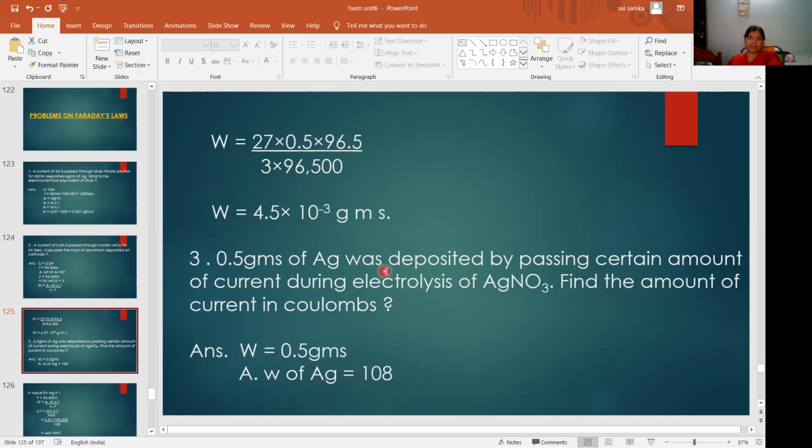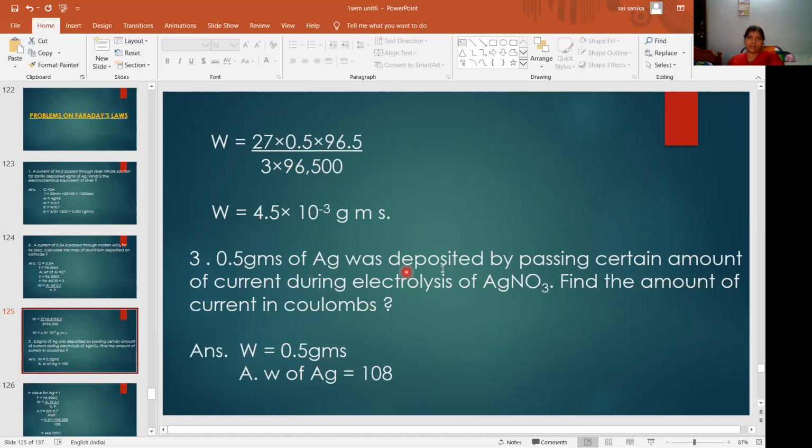0.5 grams of silver was deposited by passing a certain amount of current during electrolysis of AgNO3. Find the amount of current in coulombs. So read the question carefully.